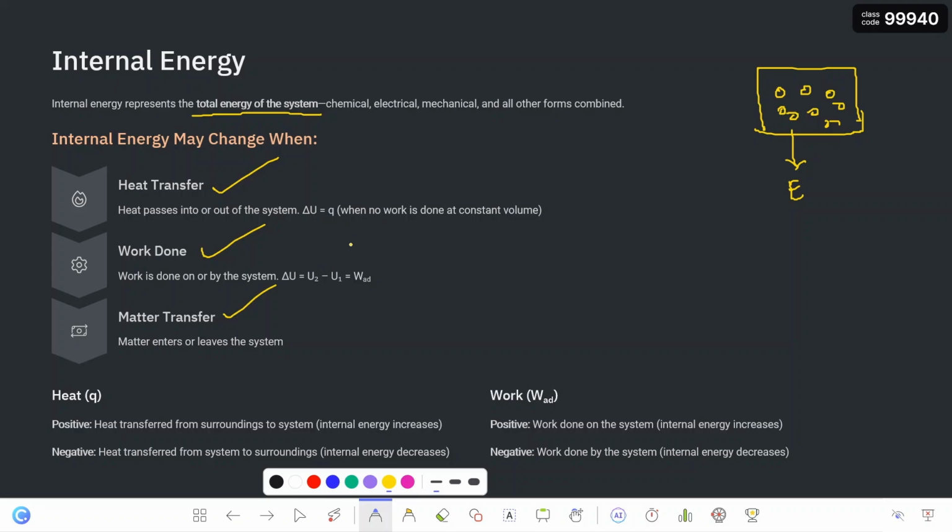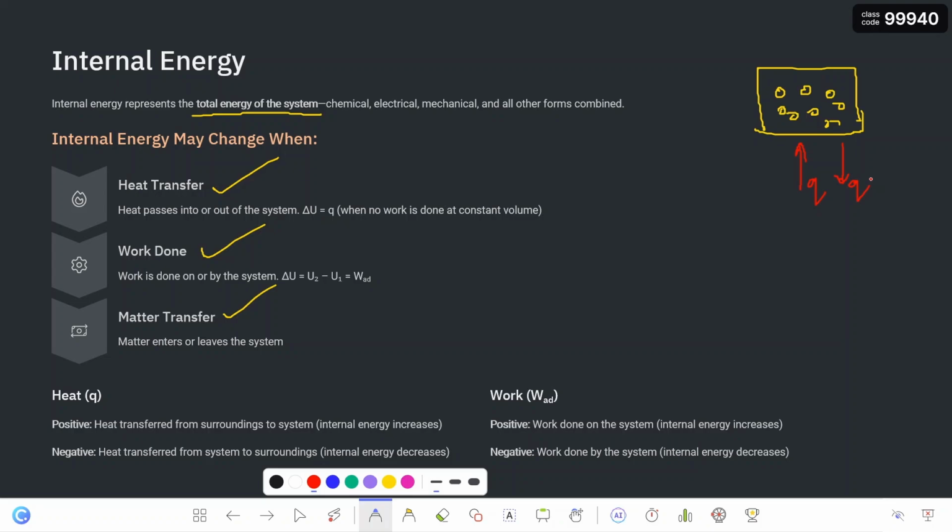Okay. So let's see what is happening when heat transfer is occurring, when heat is getting passed into or out of the system. It has an internal energy E or U, we can call it whatever. Suppose we are passing some heat Q to this, or it is releasing some amount of heat to the outside.